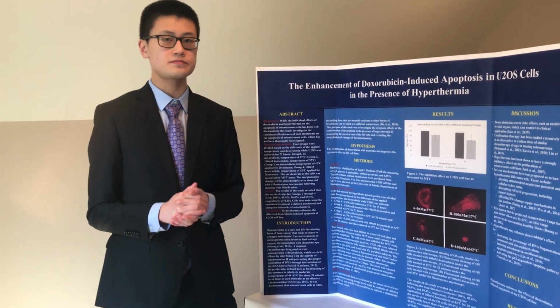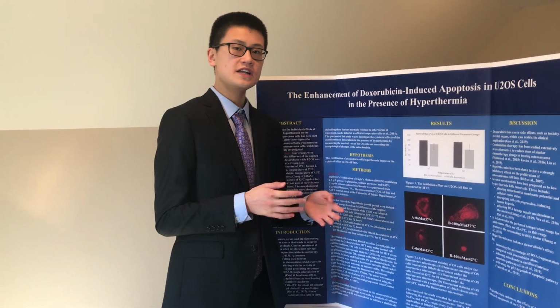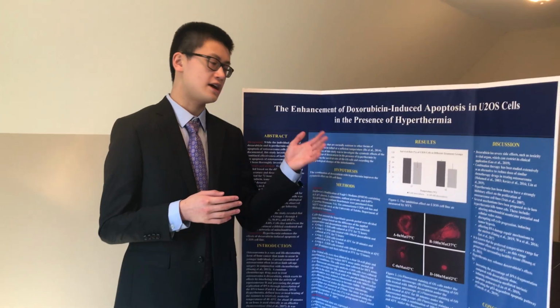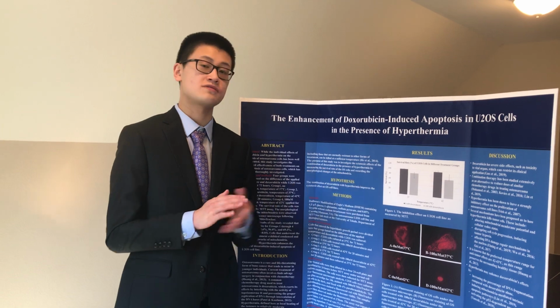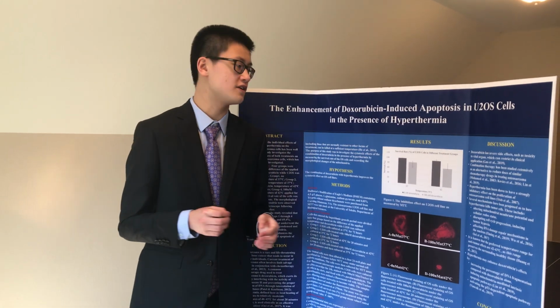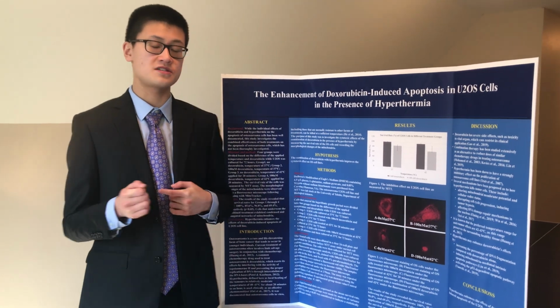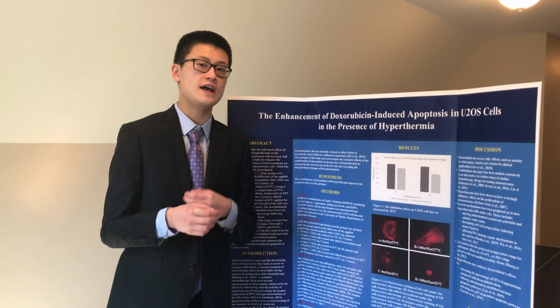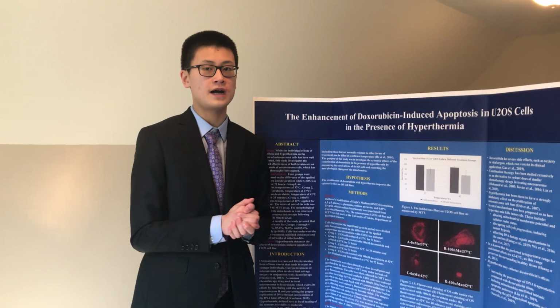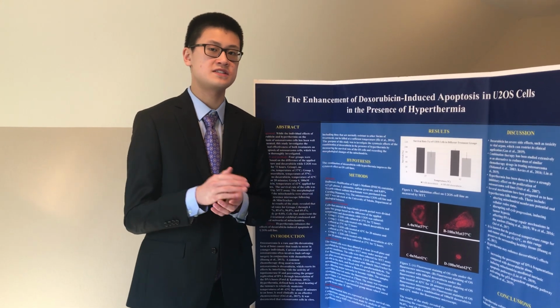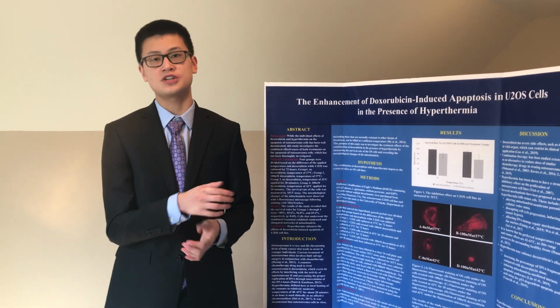Now, when looking at the science behind these results, I noticed that after determining that the cell survival rates were statistically significant with a p-value of less than 0.05 from the analysis of variance test, when looking at the actual science or molecular biology behind it, there are numerous mechanisms that seem to explain why hyperthermia would have such an effect.